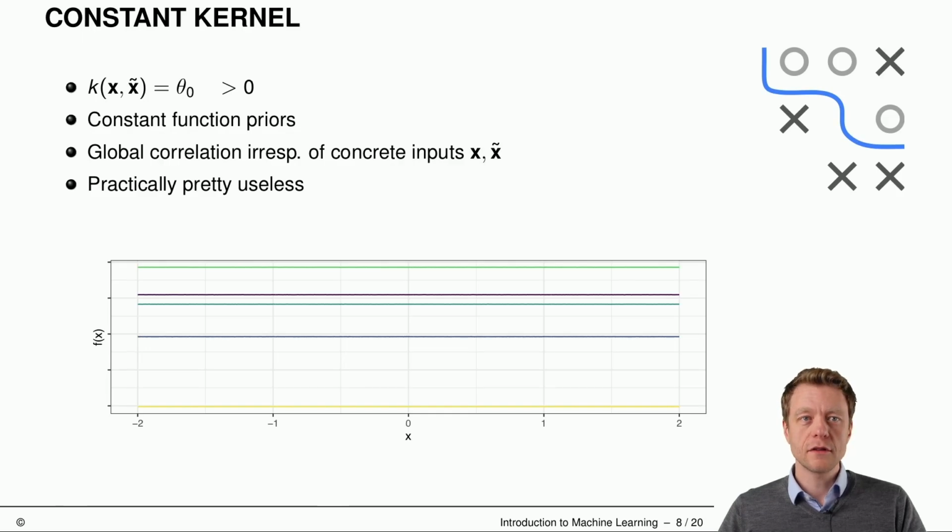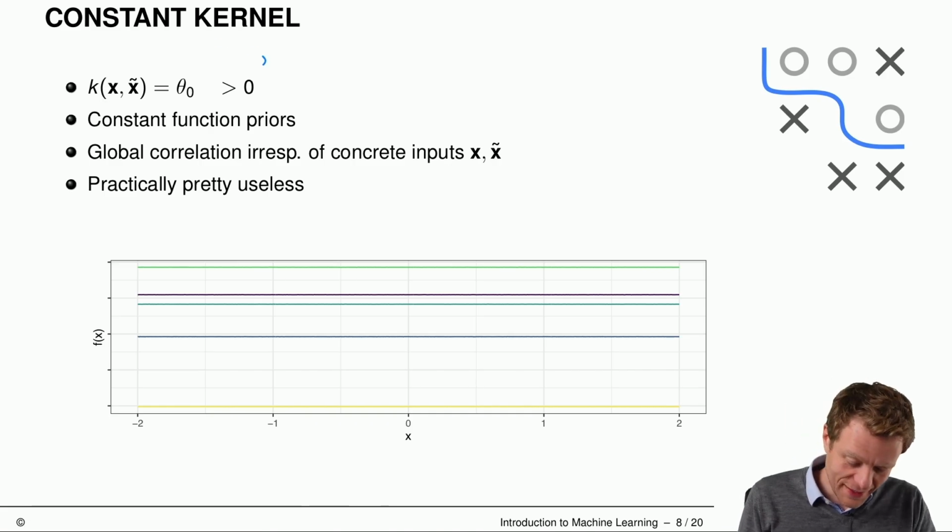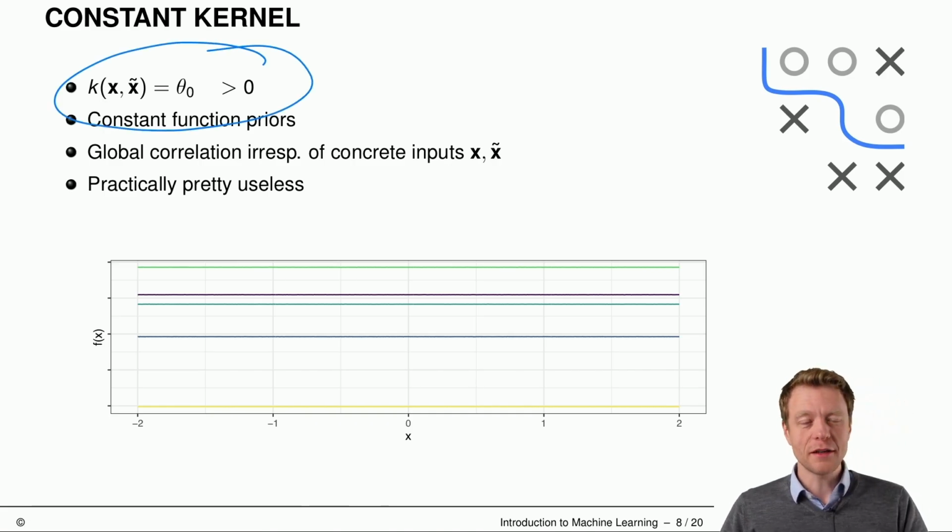Now let's have a look on some examples of covariance kernels. The first and, well, perhaps simplest and most useless kernel is a constant kernel. We just say that the covariance between 2 data points is constant. So wherever you are, wherever those 2 data points are, it's just a constant value.